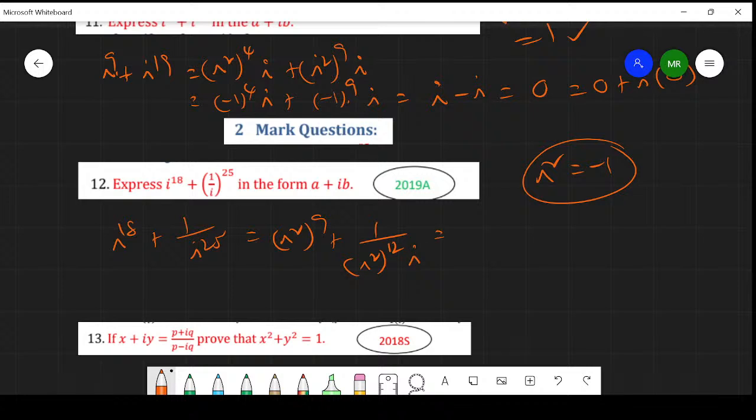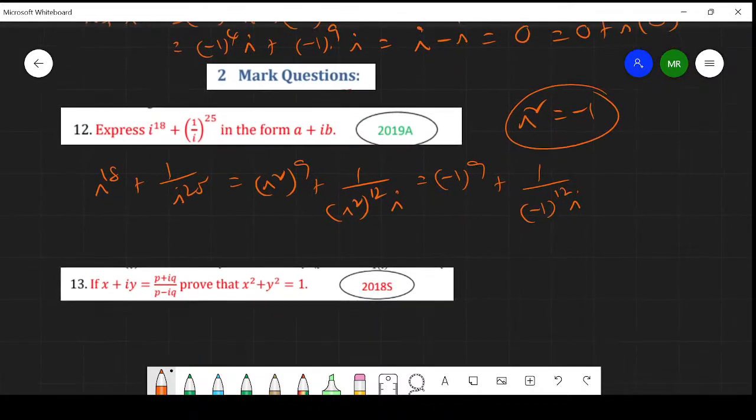So I square is minus 1 whole power 9, plus 1 by minus 1 whole power 12 into I. Just observe here: minus 1 whole power 9 comes minus 1 only, plus 1 by minus 1 whole power 12, even number, it comes 1 by I. I should rationalize this, so multiply by I by I. It comes minus 1 plus I by I square. The denominator is I square, replace I square with minus 1.